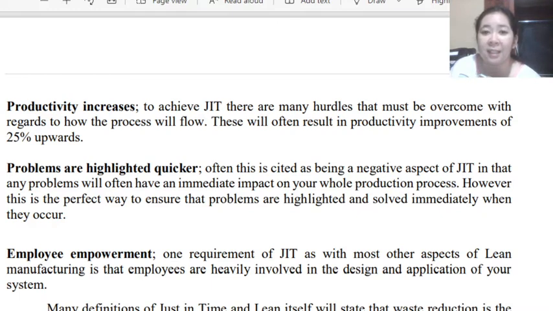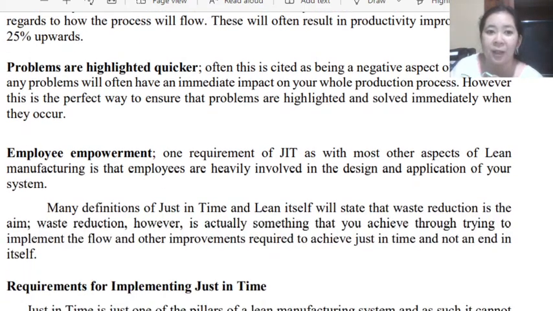Often this is cited as being a negative aspect of JIT, that any problems will often have an immediate impact on the whole production process. However, this is a perfect way to ensure that problems are highlighted and solved immediately when they occur, and we do not wait for them to have a great impact over the procedure or the processes or the manufacturing or even the entity as a whole.